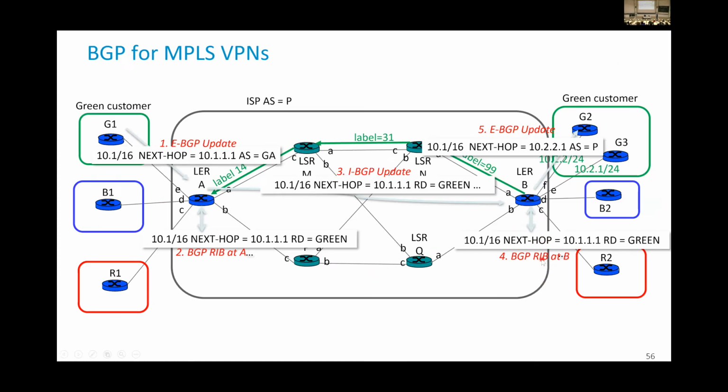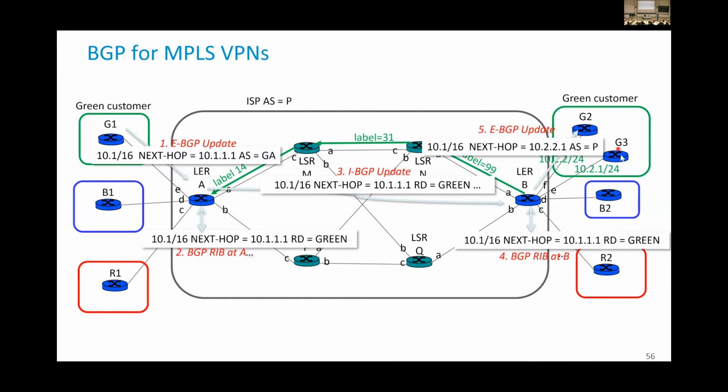Then if this BGP update is accepted, then it should speak to the green customer via eBGP. Of course, a route distinguisher green means that such routes can be exported only on interfaces that are labeled to be authorized with a route distinguisher green, which is how those two green interfaces here.